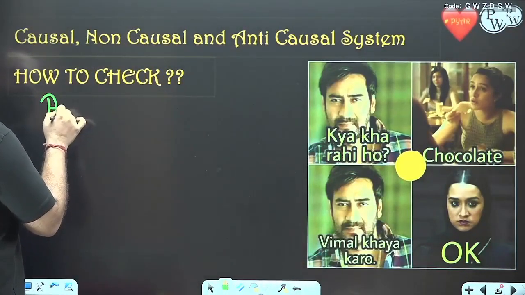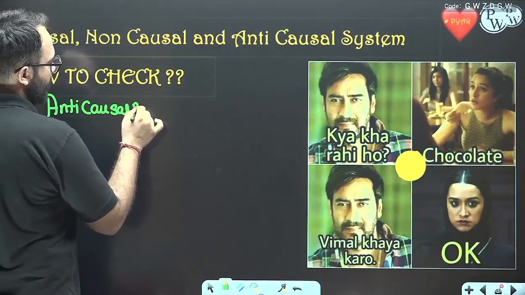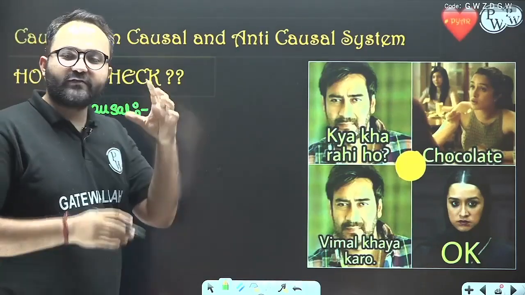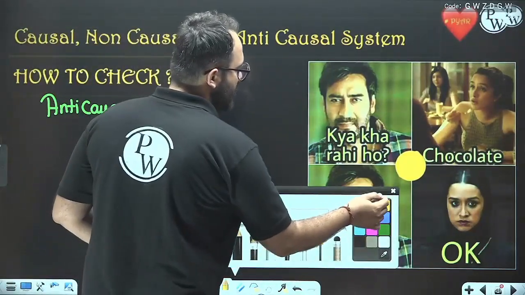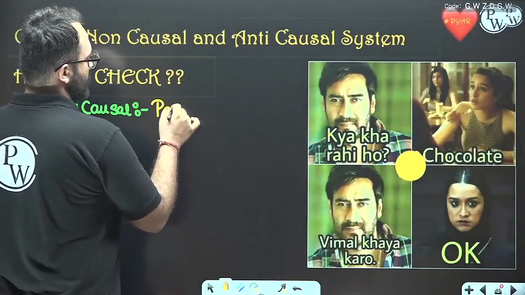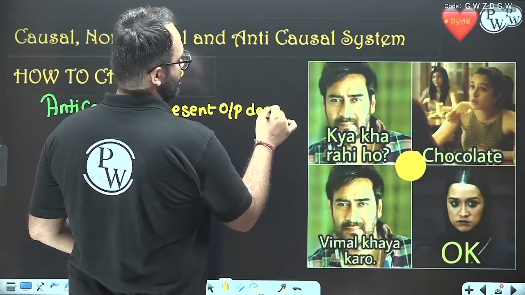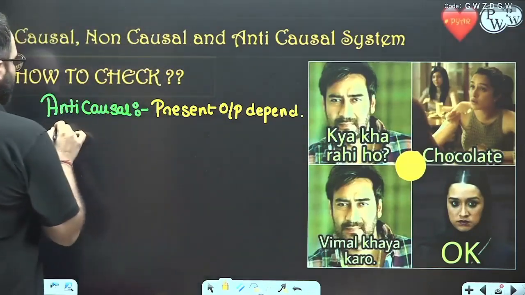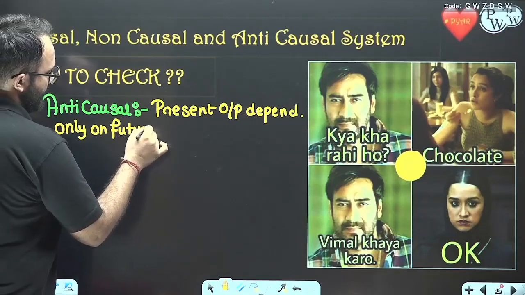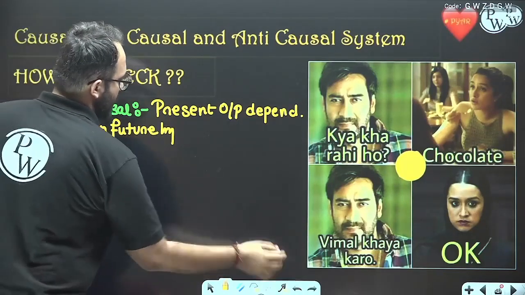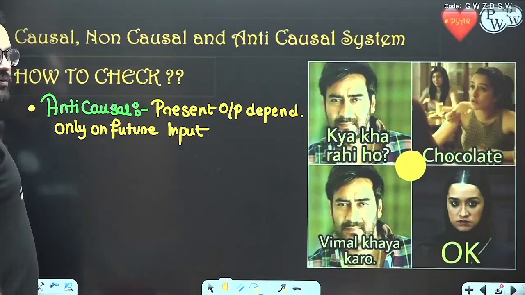In case of an anti-causal system, the present output is dependent only on the future input. The present output depends only on the future input.